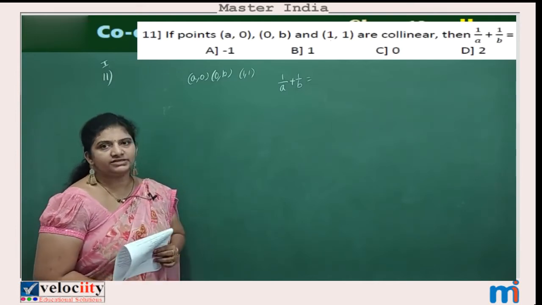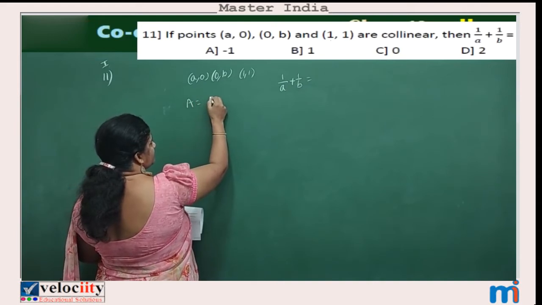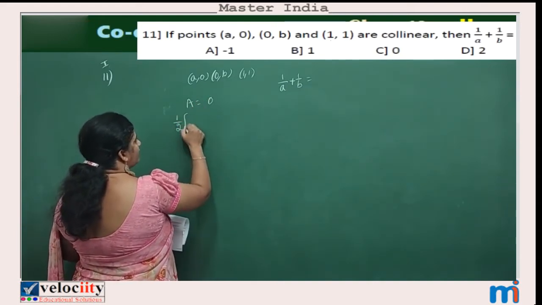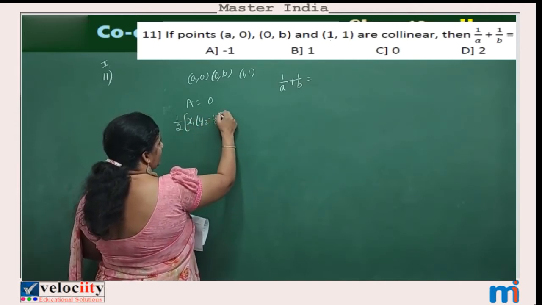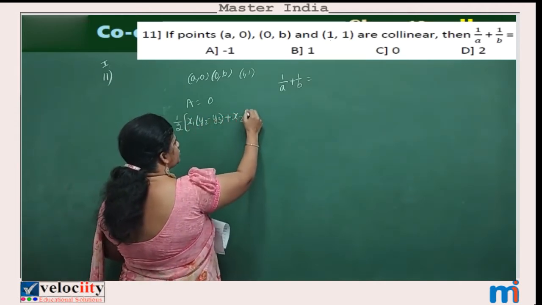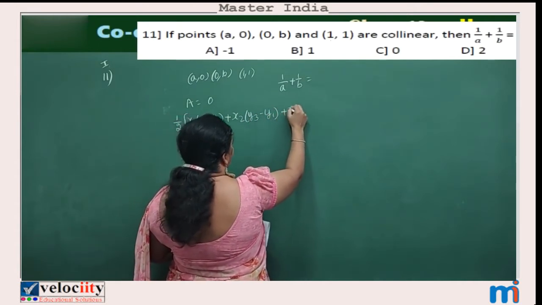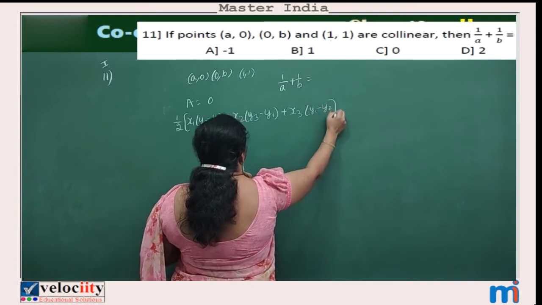If these 3 coordinates are collinear, we can use the formula area of a triangle is equal to 0. That is half of x1 (y2 minus y3) plus x2 (y3 minus y1) plus x3 (y1 minus y2).